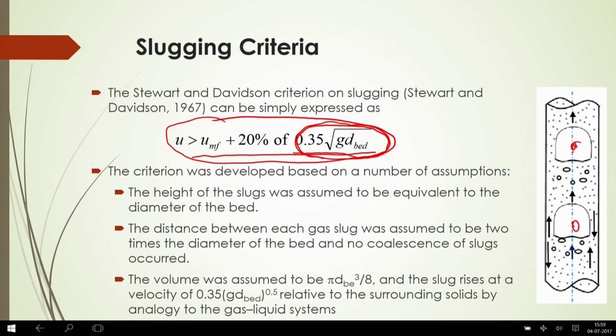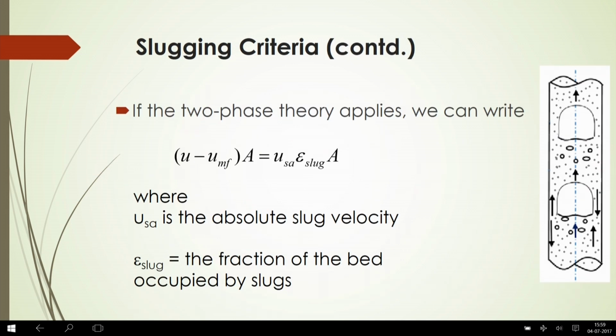What should the volume of the slugs be? They said it should be 75% of the volume of the bubble, which is equivalent to the total volume of the slug. In this way we can get the slugging criteria in the bubbling fluidized bed.